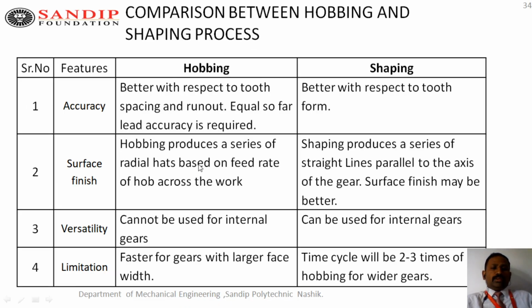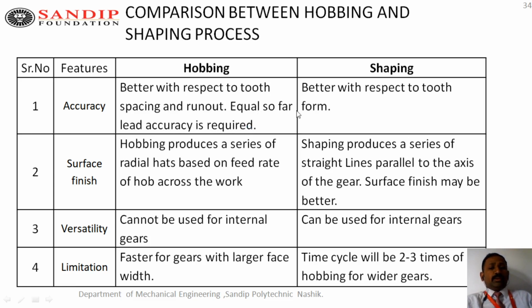Now we are going to distinguish between the hobbing and shaping processes. What exactly is the difference between hobbing and shaping with respect to the features? Accuracy: hobbing is better with respect to tooth spacing and run out, equal where lead accuracy is required.